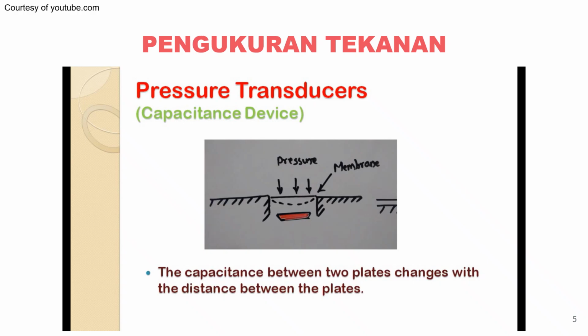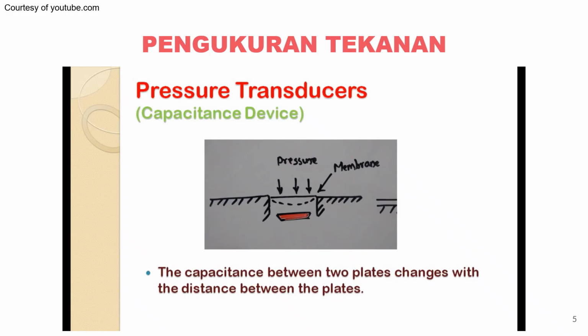Now this gauge is designed in such a way that when unknown pressure is applied, the distance between the two plates varies, and eventually the capacitance as well. And by measuring these changes in capacitance, we can measure the pressure.